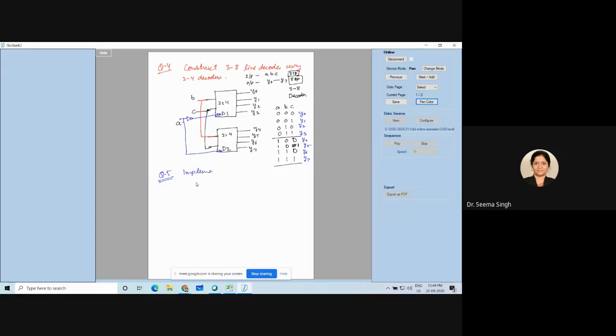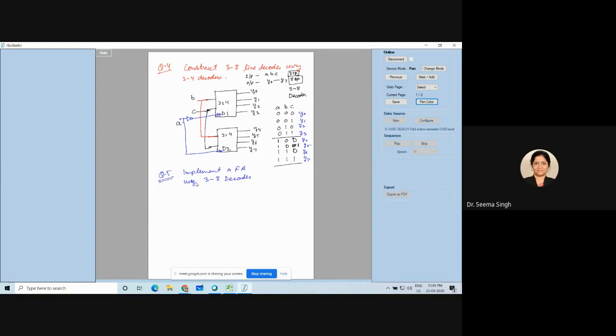Implement a full adder using a 3:8 decoder. What is a full adder? A full adder is a circuit.